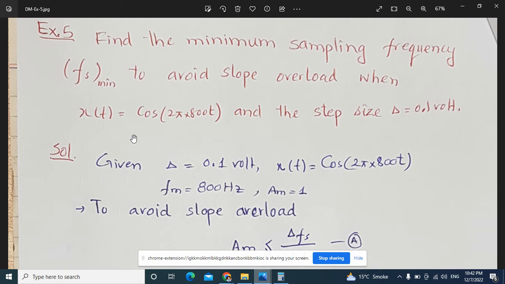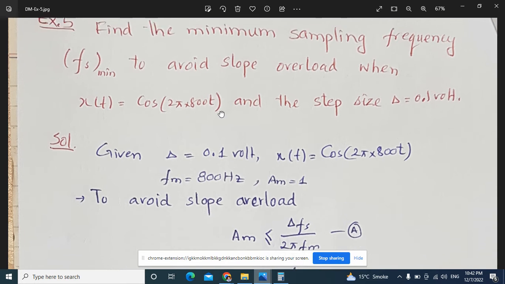So the given information is the amplitude Am is 1 volt, fm is 800 hertz, and the step size delta is 0.1 volt, and the signal, that is x of t, cos 2 pi 800 t.